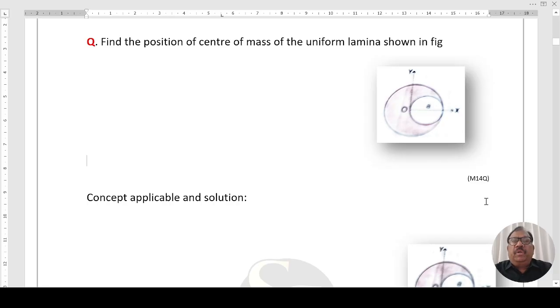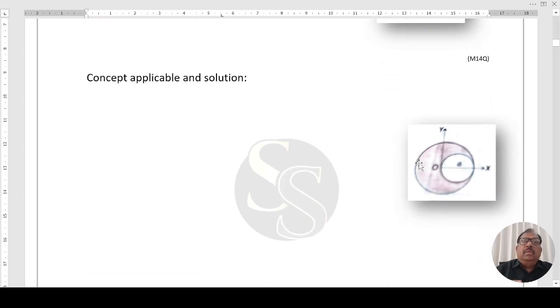Find the position of center of mass of the uniform lamina shown in the figure. Concept applicable and solution. As we know, position of center of mass is M1 R1 plus M2 R2 over M1 plus M2.